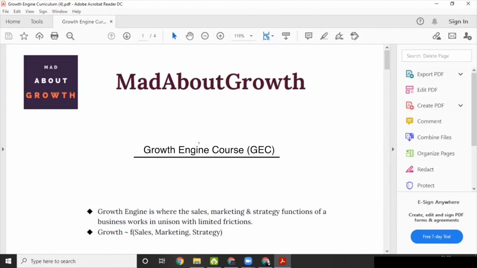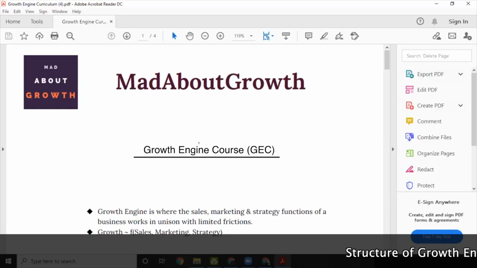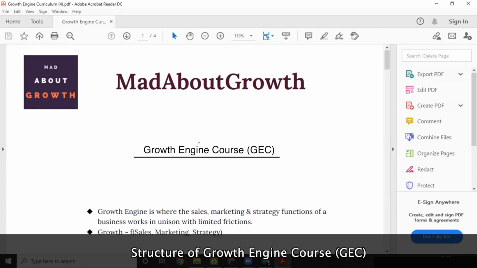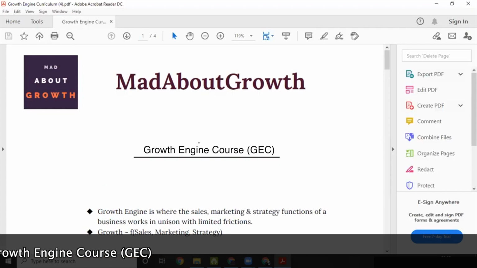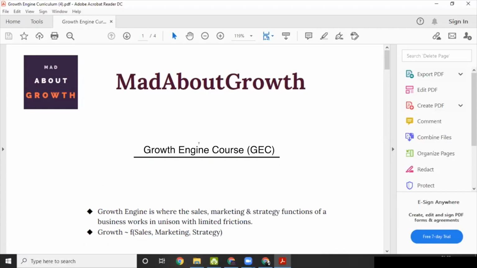So the way we define it, growth is a function of sales, marketing, and strategy. Essentially, for a growth engine to be set up for any particular organization, we are looking at sales, marketing, and strategy working in tandem with each other, collaborating for the company to move forward.